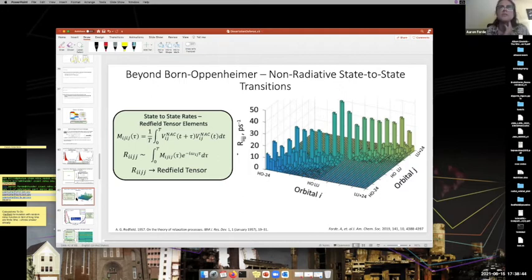I guess in some sense, each energy level is twice degenerate. So energy levels that have very small gaps will have high rates. And so each alternating bar is just the degenerate levels.